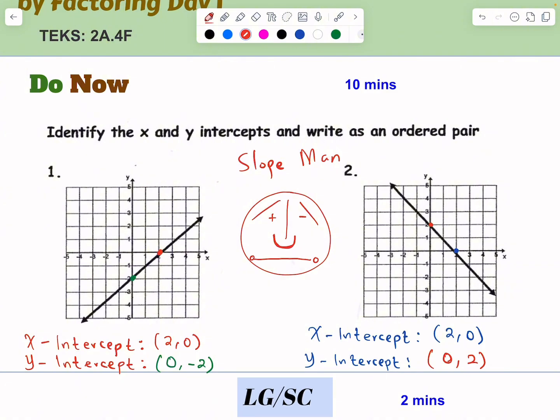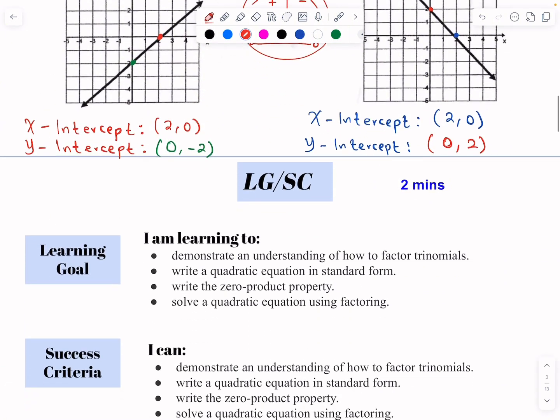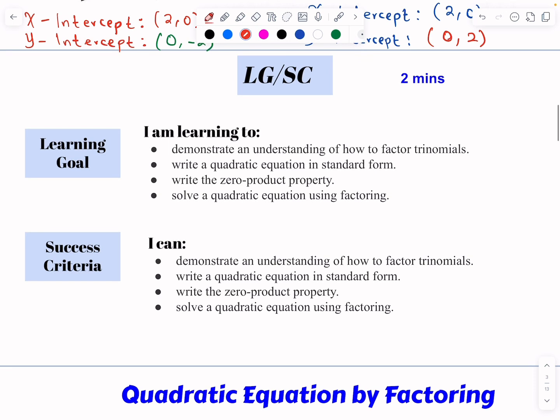Now let's see what we're going to learn today. As I said, our learning goal for this class is that we are learning to demonstrate an understanding of how to factor a trinomial. If you look at the word trinomial, tri means 3, and nomial means that we have 3 terms.